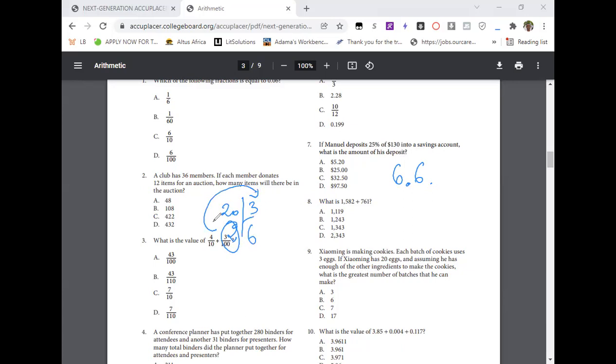Can the remainder be used for what 3 is being used? Let's say in this batch of cookies, 1 batch requires or uses 3 eggs. Can 2 make 1 batch? No. So ask yourself that.